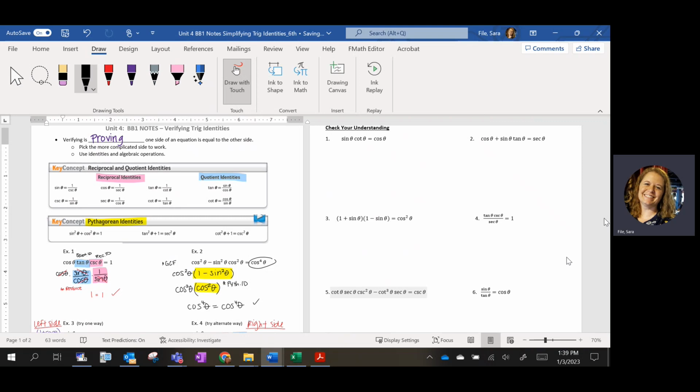So not too long, but there is that one type that wants you to do it like a formal proof where you have to do each individual step. So like on example 1 here, where at the same time I did the quotient and the reciprocal ID, you won't be able to do that in that specific type of Alex problem. It'll make you do one at a time. It'll make you do one of them and say what you did, and then you can do the next one and say what you did. Okay, so just be aware of that.